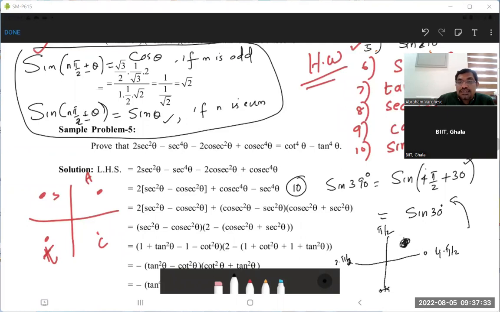That means this is the first quadrant. In the first quadrant, all trigonometric functions are positive. Therefore, this is also positive. Therefore, the answer is plus sine 30, which equals 1 by 2. So the answer is 1 by 2.